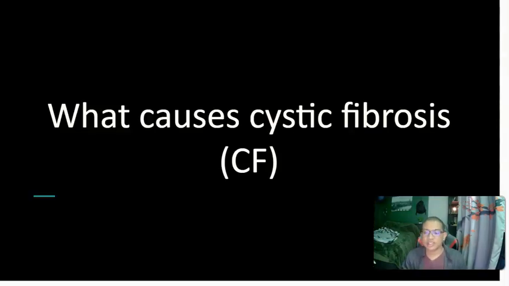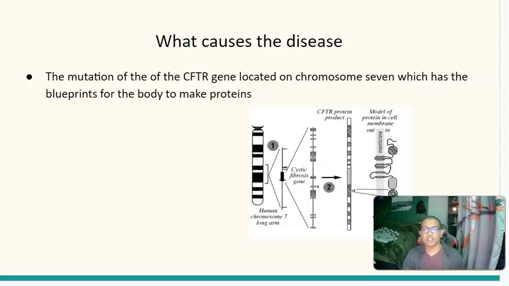What causes cystic fibrosis, or CF? Cystic fibrosis stems from a mutation of the CFTR gene. This gene is located on chromosome number 7, and it is an autosomal recessive mutation.